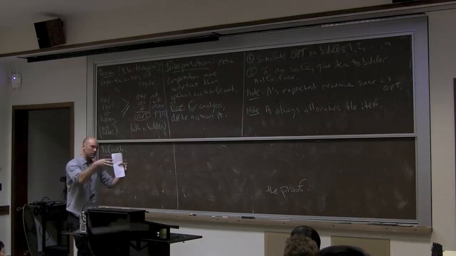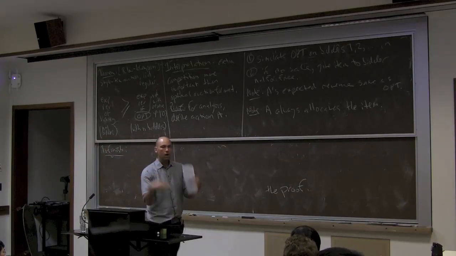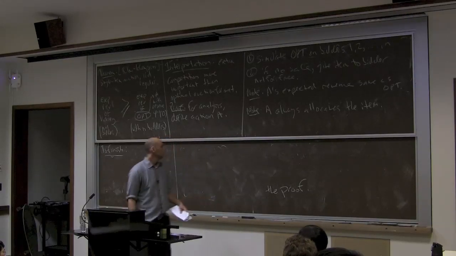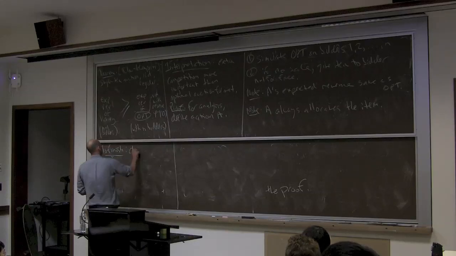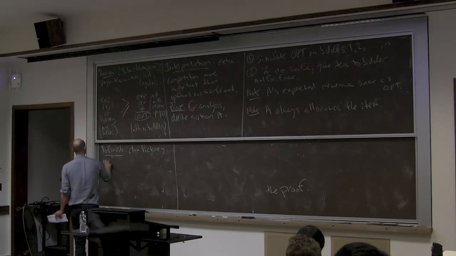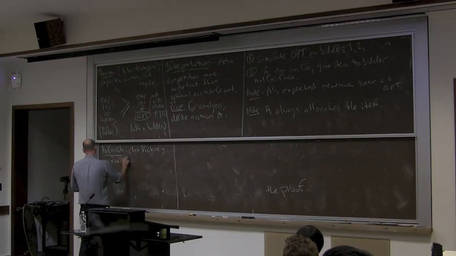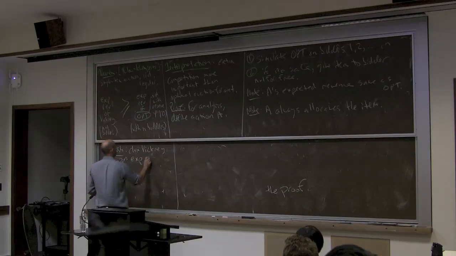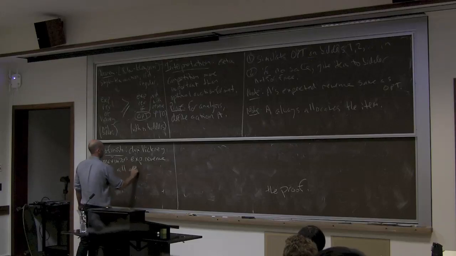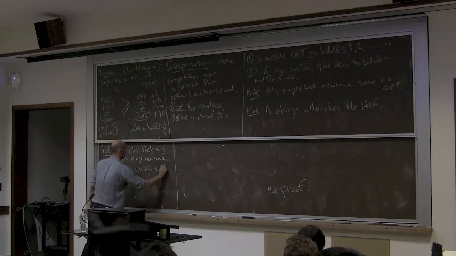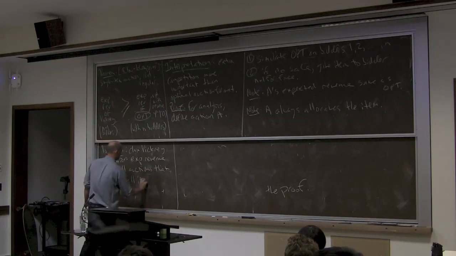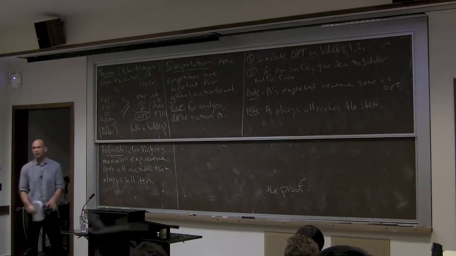But if you just focus on the subset of auctions that always sell the item, amongst those, the Vickrey auction maximizes the expected revenue. So I'll explain why this is true.